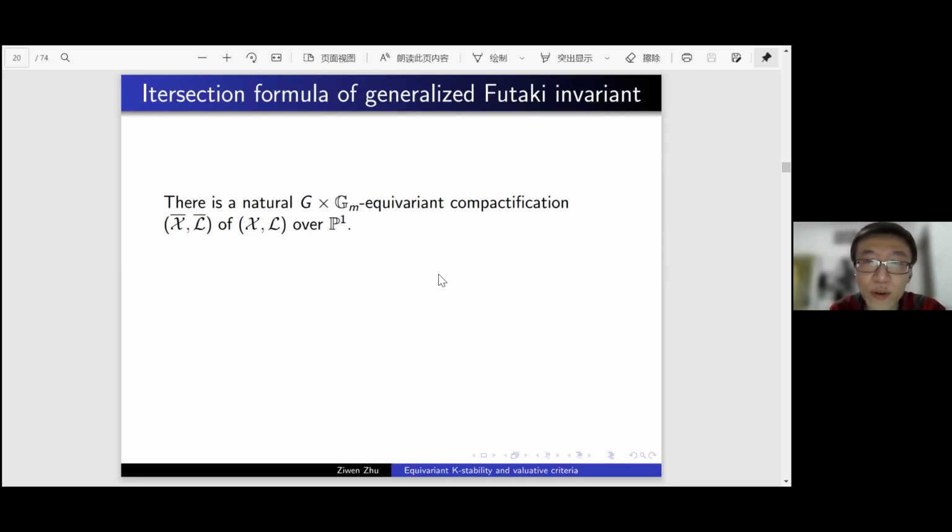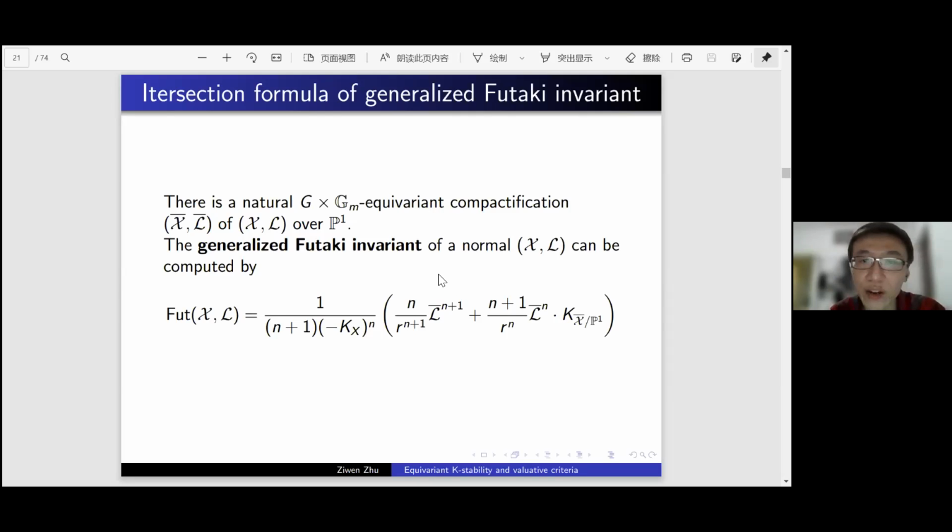Okay, so this is how we can compactify the test configuration. And then we can do intersection numbers on the compactified test configuration.